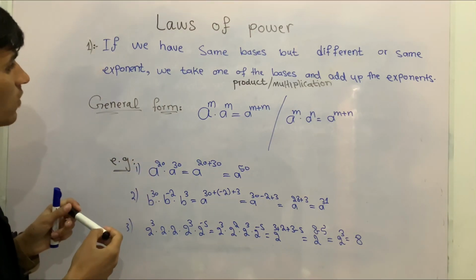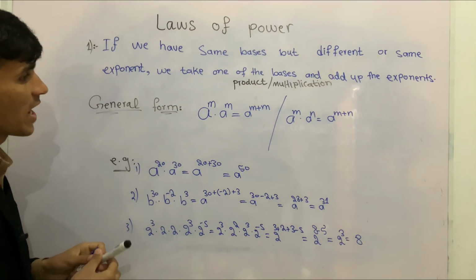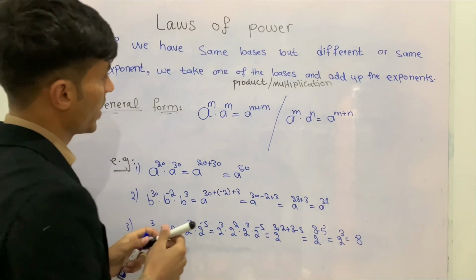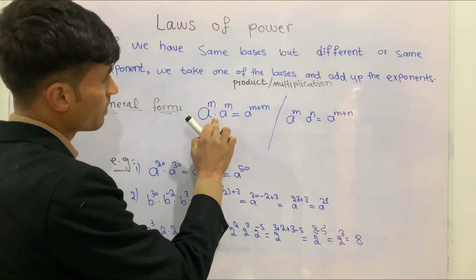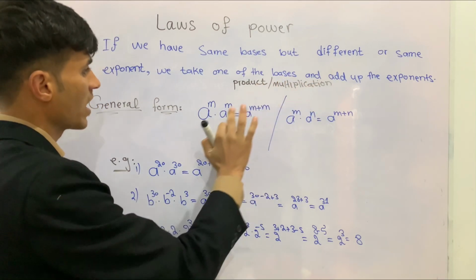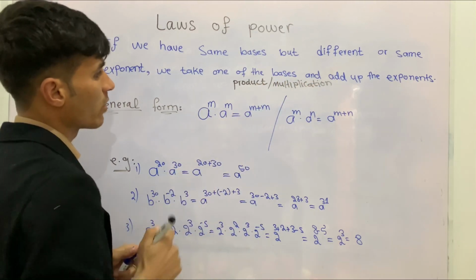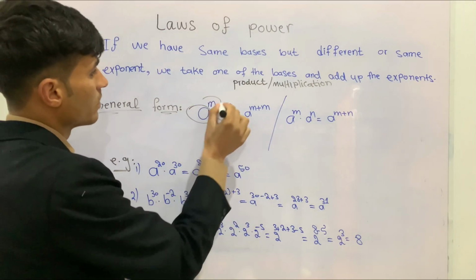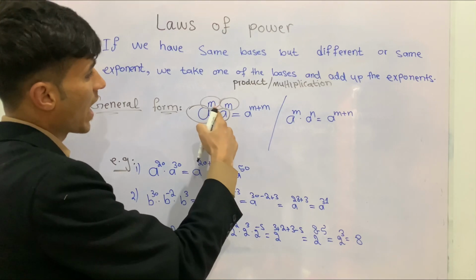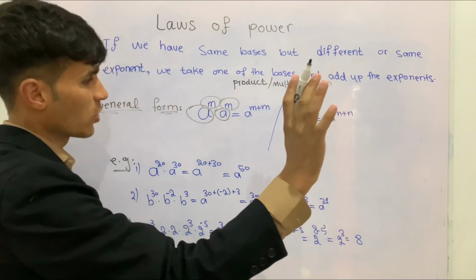The general form that I have written here for you is a to the power m multiplied by a to the power n. We have the same base, which is a, and different or same exponents.